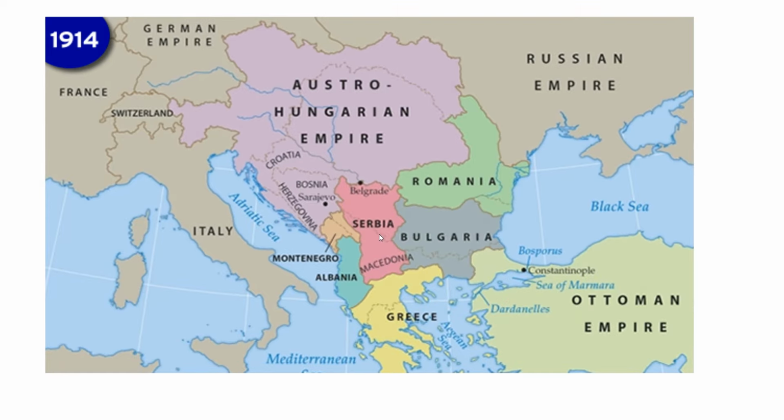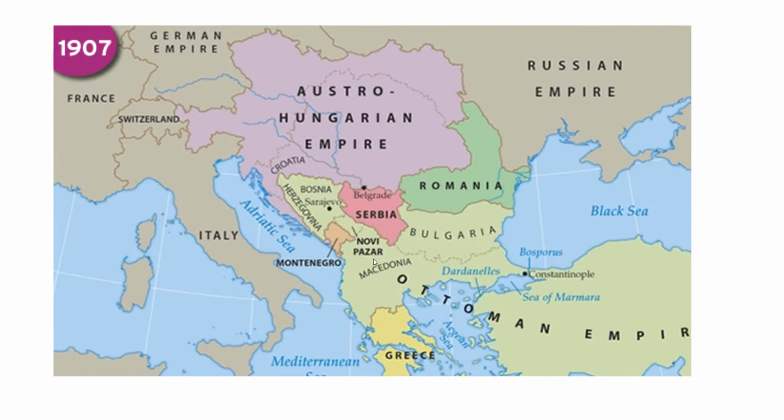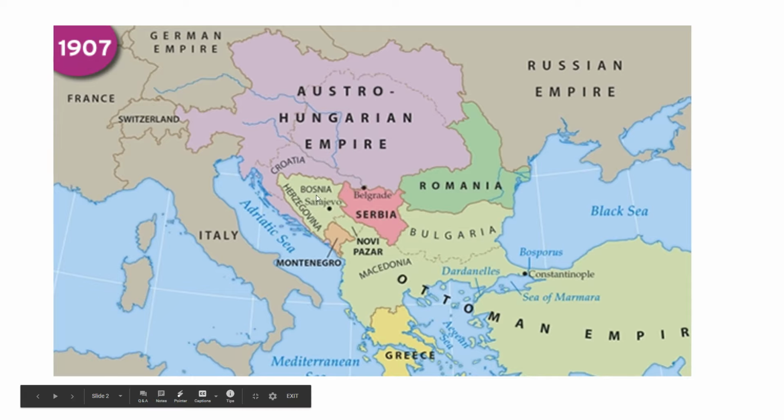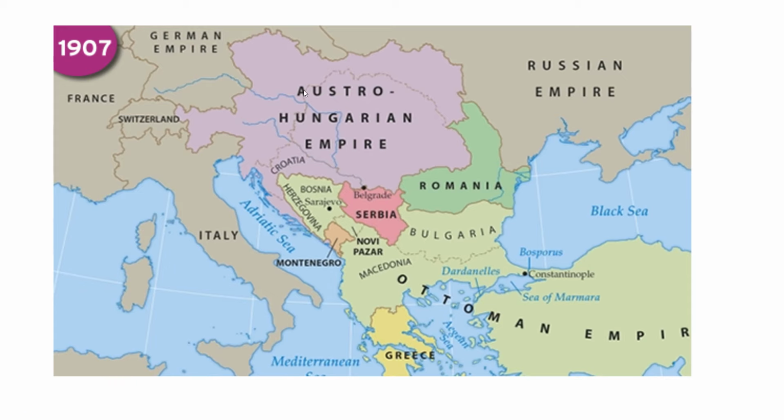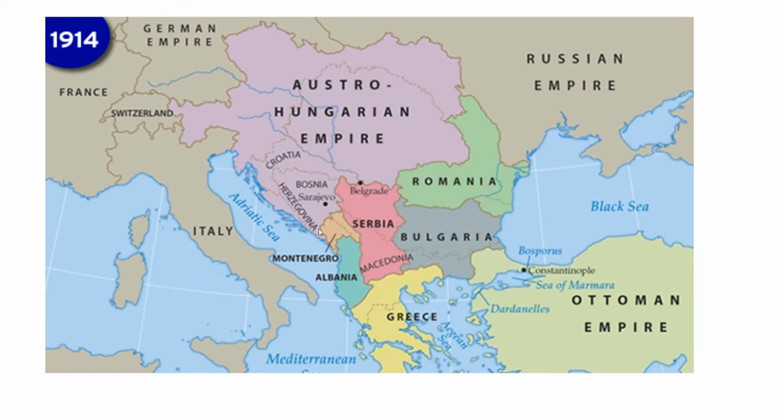We have countries like Bulgaria popping up, countries like Albania. Serbia expands a little bit south as well. But probably the most important change is going to be the Austro-Hungarian Empire taking over this area here called Bosnia. So you can see in 1914, they've expanded south, and they've taken the city of Sarajevo.